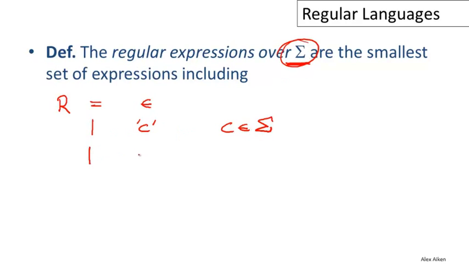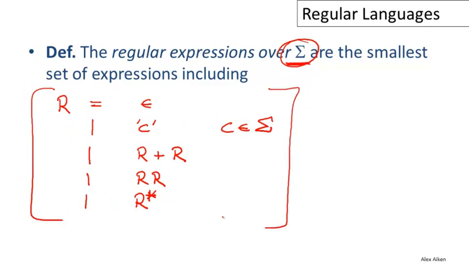And then we have the compound expressions. Another possibility is that a regular expression is the union of two regular expressions. Another one is that it's the concatenation of two regular expressions. And the last one is that it could be the iteration of a regular expression. So these 5 cases are the set of regular expressions over a given alphabet.